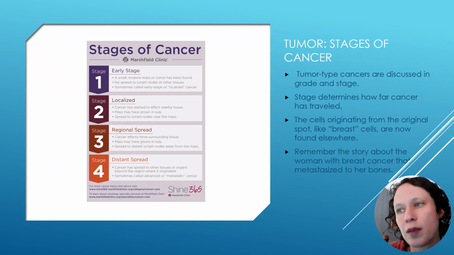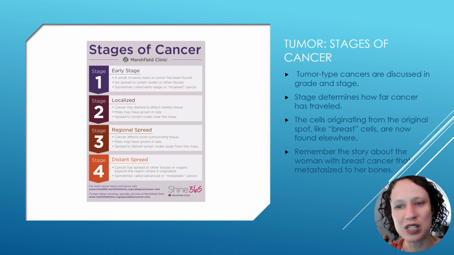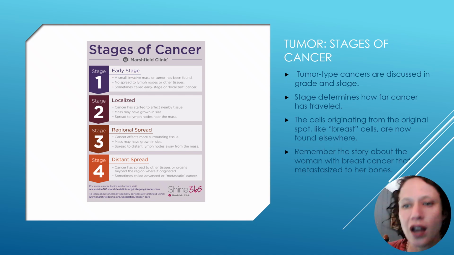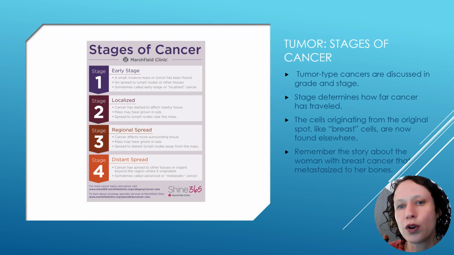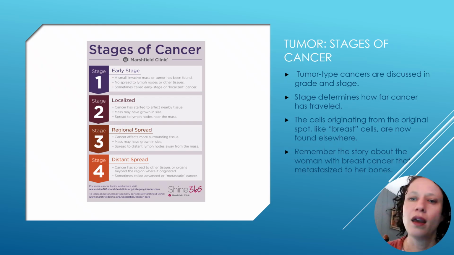This is where it has spread far away from where it originated. So that's where the breast cancer spread now to the spinal cord, right? Breast and spine, they're not next door to each other. So that's where it has spread much further away, right? And so when we talk about cancers that are tumors, we talk about their grade and their stage specifically, okay?